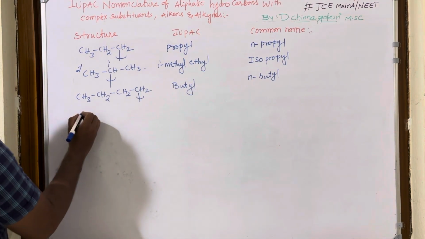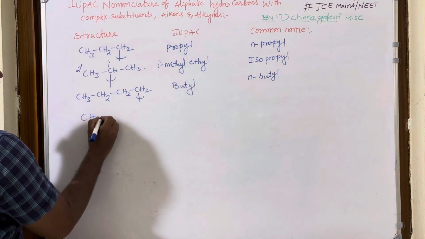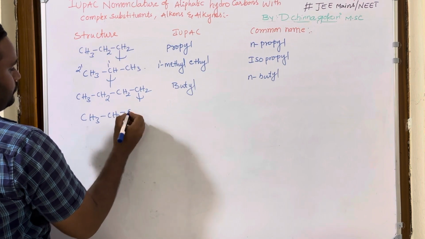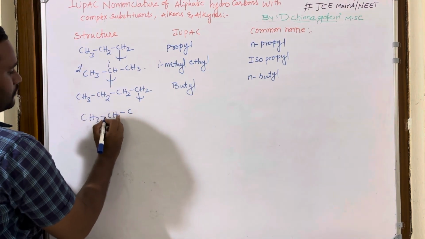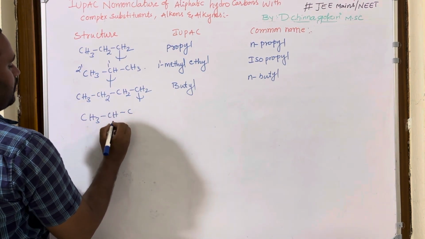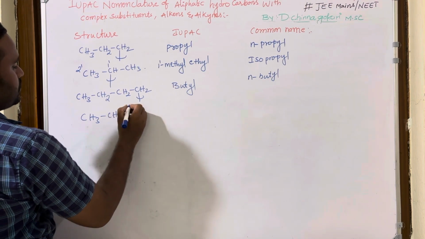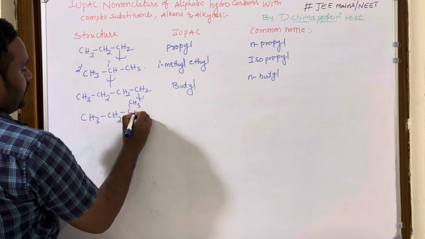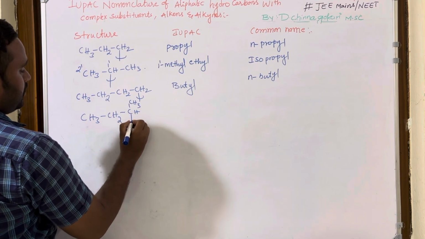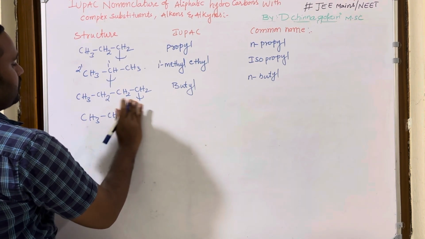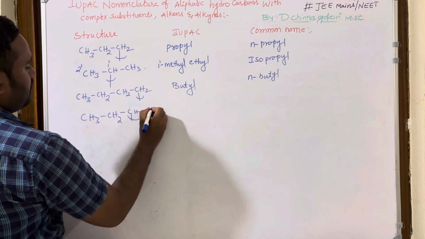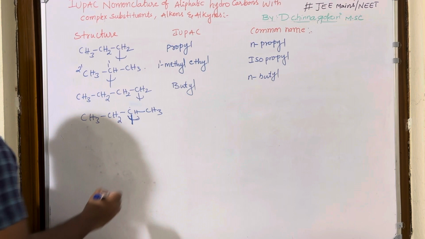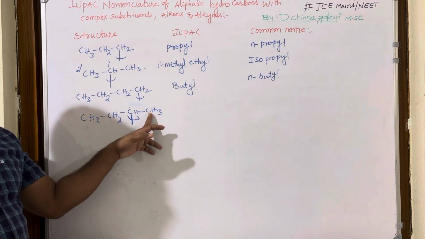Next to CH3, CH2, CH3, CH, CH3. Now this carbon is connected, meaning that it is not a terminal carbon.